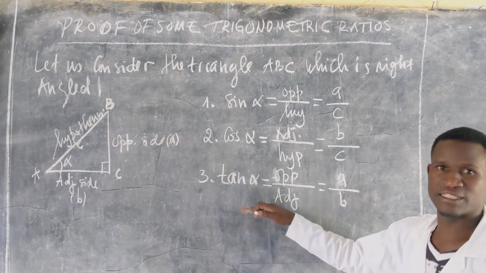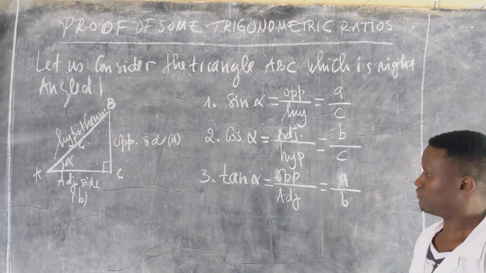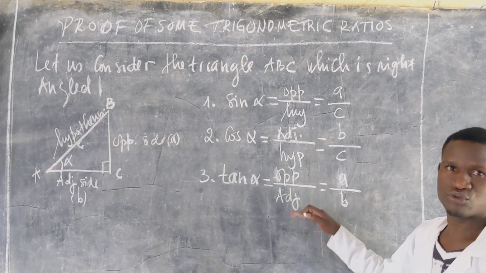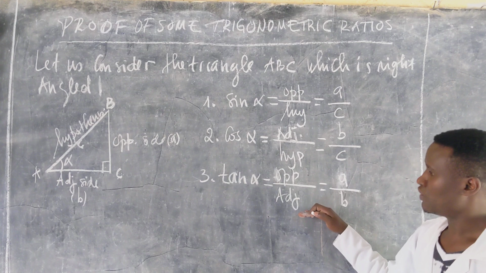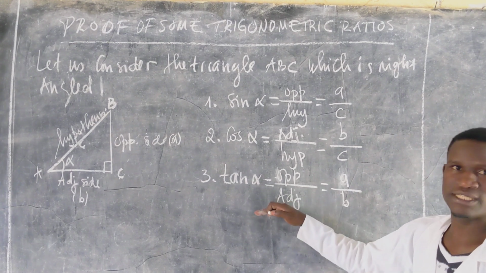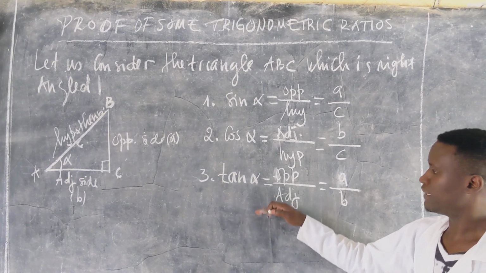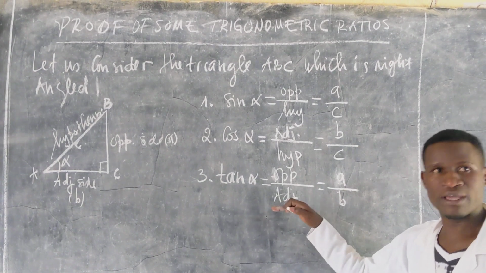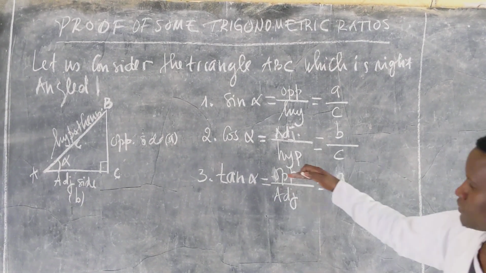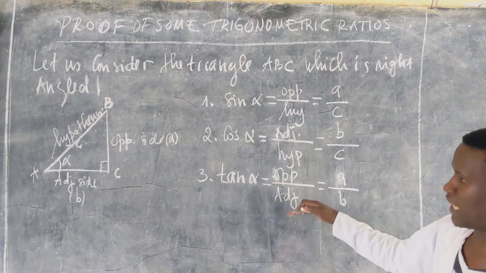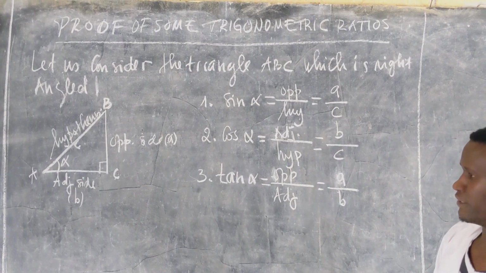This is the third trigonometric ratio. The tangent of an angle is always equal to the opposite side divided by the adjacent side.